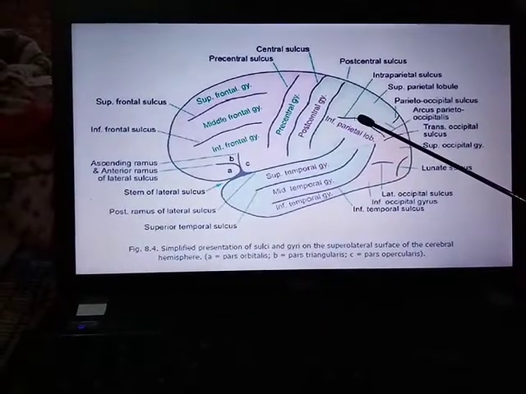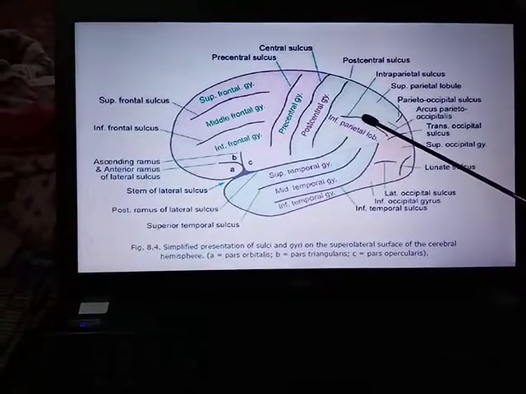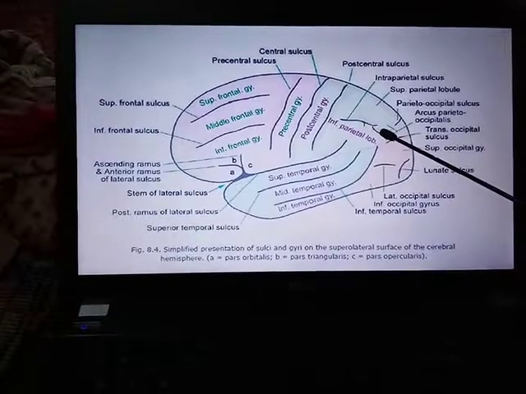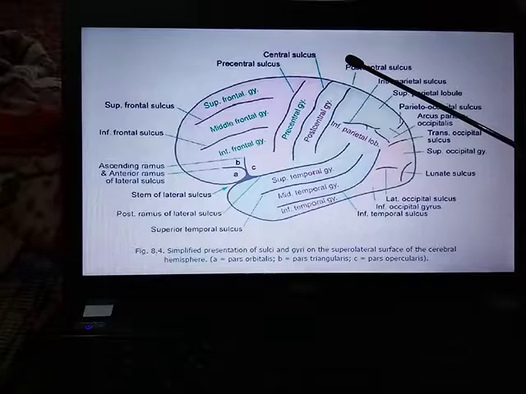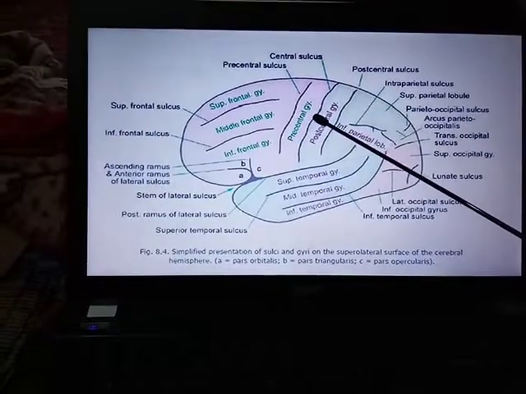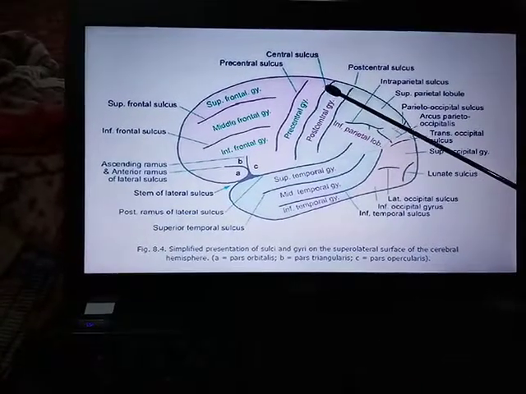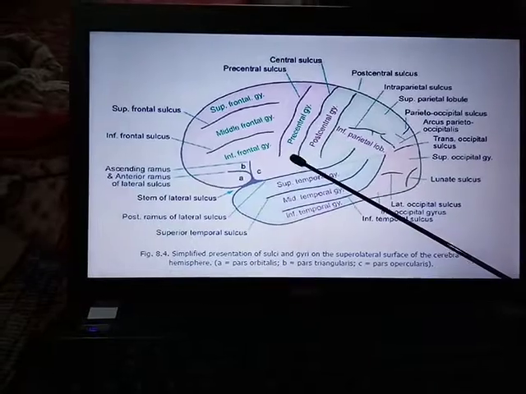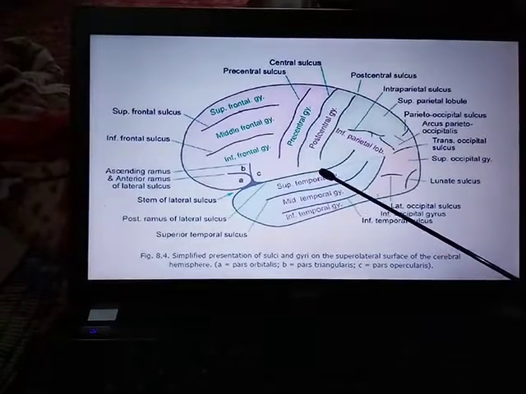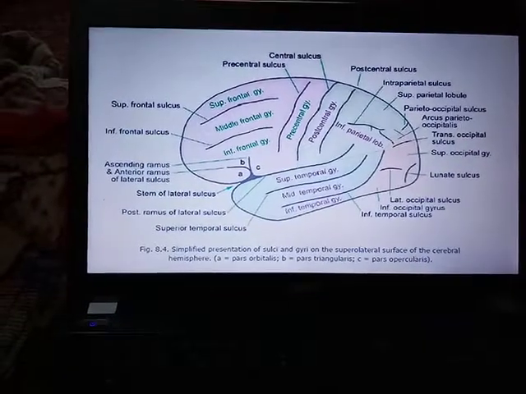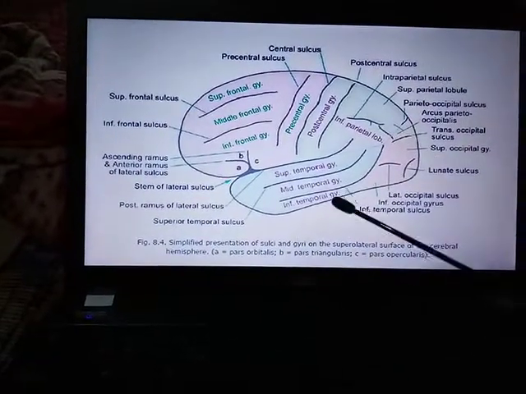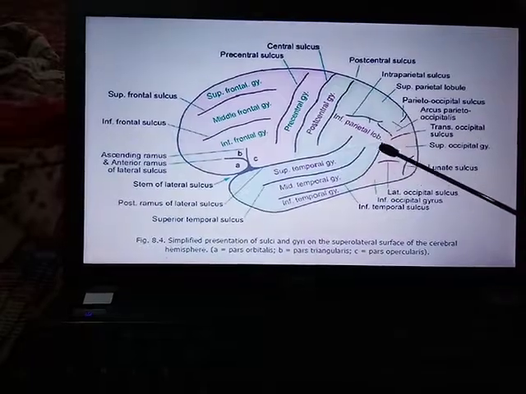Then we have the intraparietal sulcus here, which divides the parietal lobe into the superior parietal lobule and the inferior parietal lobule. Here, talking about the central sulcus, it is one of the important sulci of the cerebrum, and it just ends above the posterior limb of the lateral sulcus.